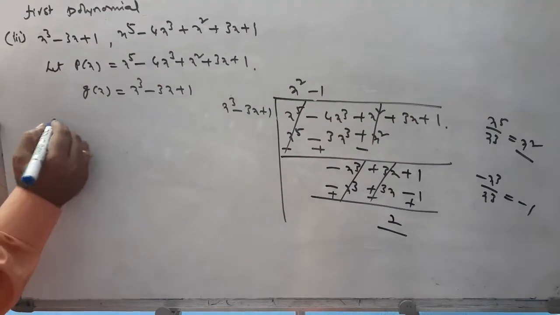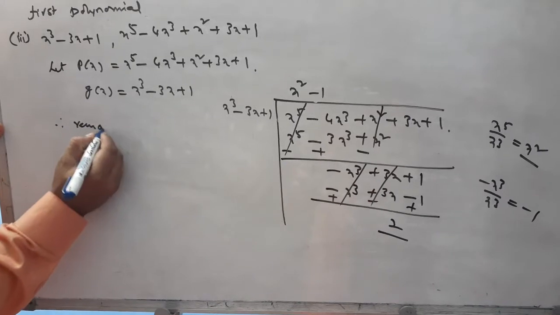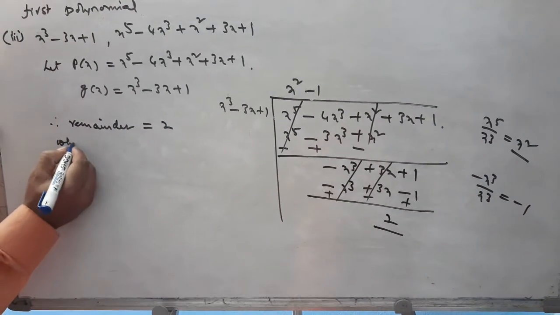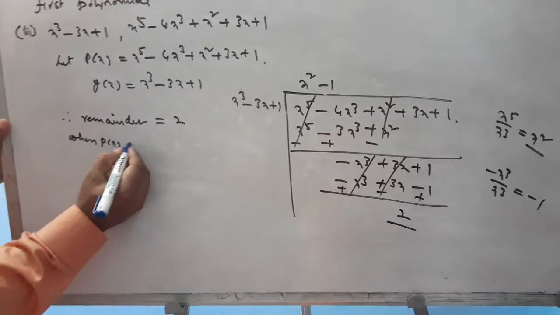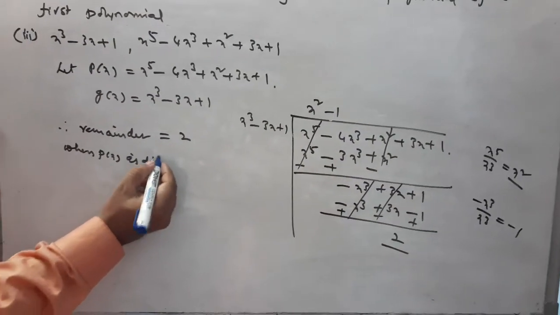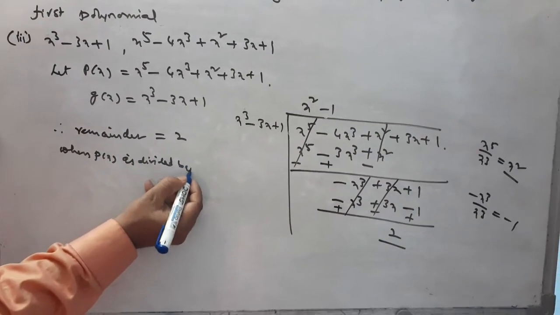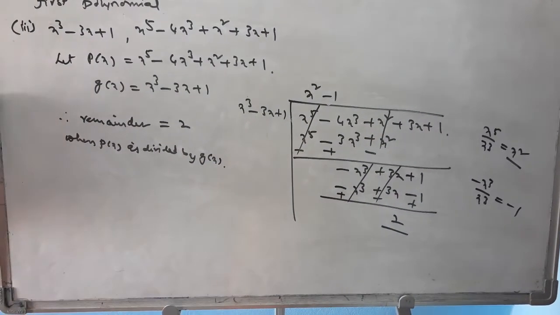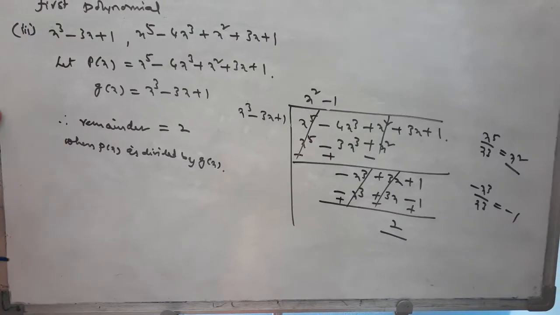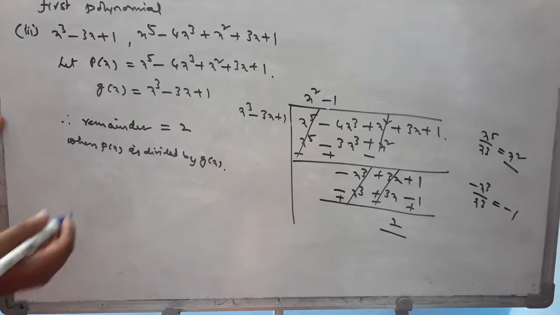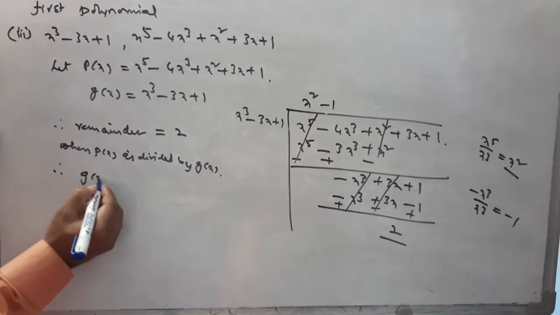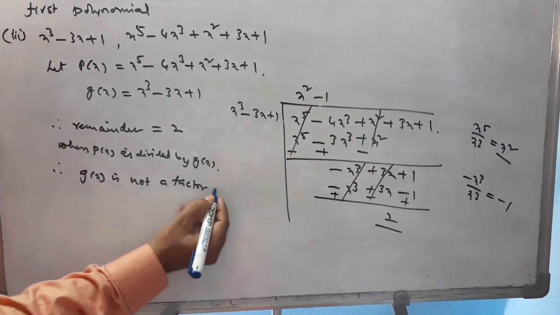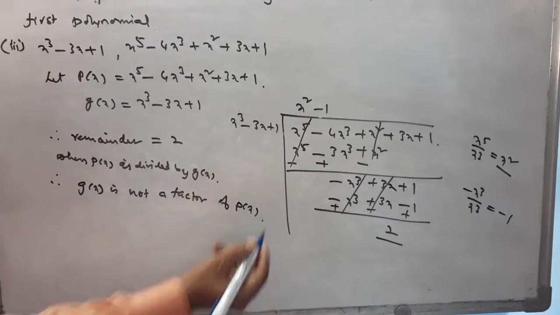Therefore the remainder is equal to 2 when p of x is divided by g of x. So here the remainder is not 0, so g of x is not a factor of p of x.